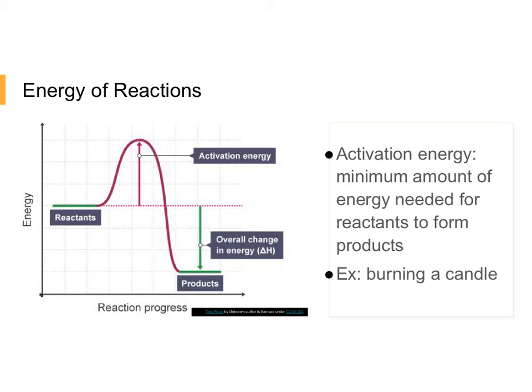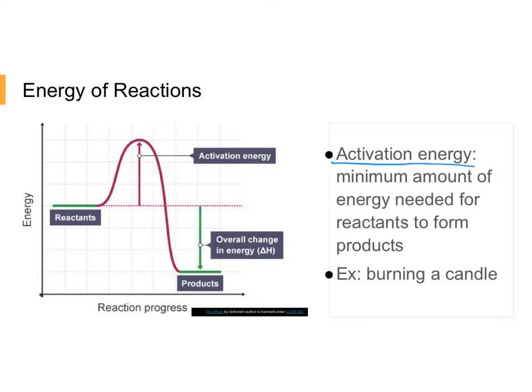So the energy needed in order for a chemical reaction to happen is called activation energy. This is the minimum amount of energy needed for reactants to form products. An example is if you burn a candle. Whenever you burn your candle, a chemical reaction happens, which converts your candle wax and oxygen into carbon dioxide and water vapor.